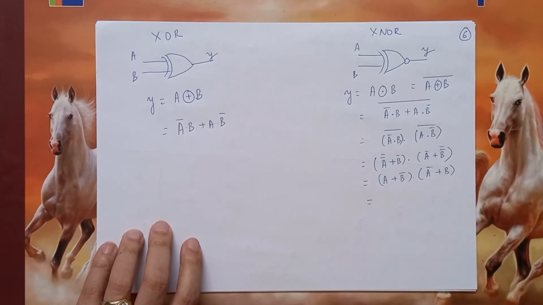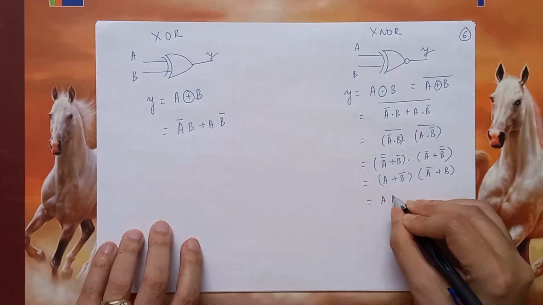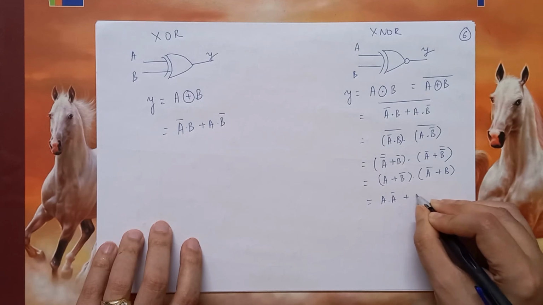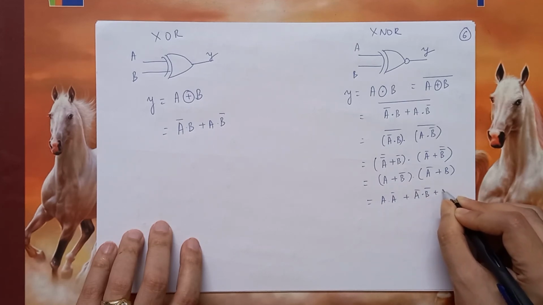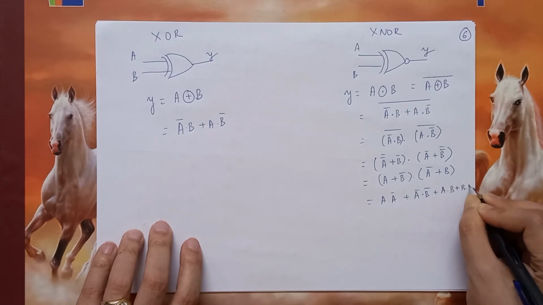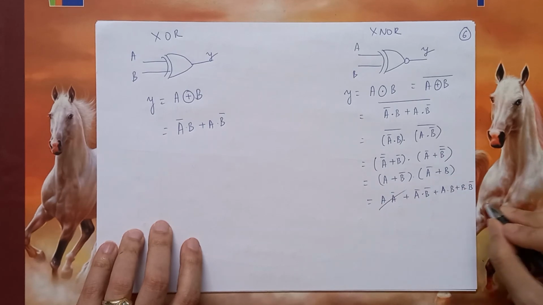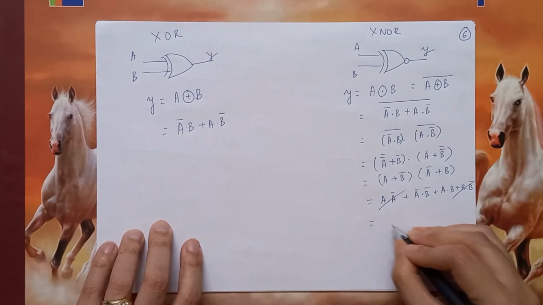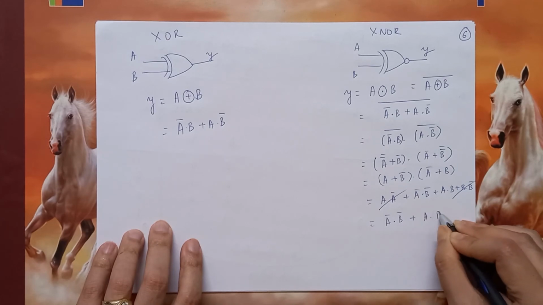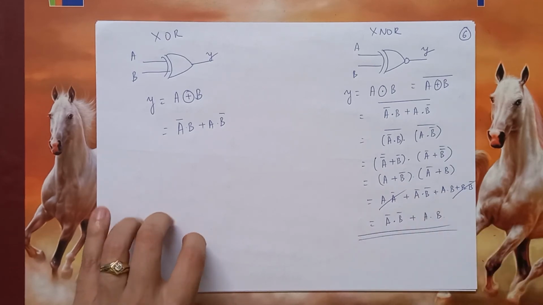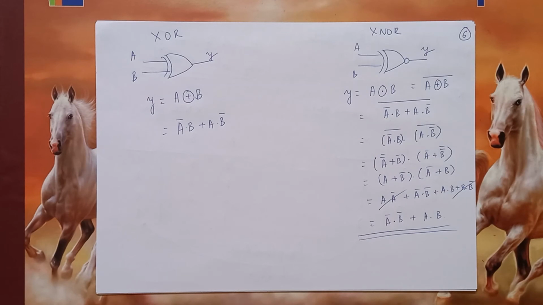If you just open the brackets, you will get A dot A bar plus A bar dot B bar plus A dot B plus B dot B bar. This will become 0, this will become 0. So what you get is A bar dot B bar plus A dot B. This is the simplified expression for the XNOR operation.